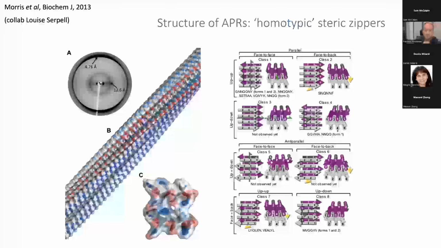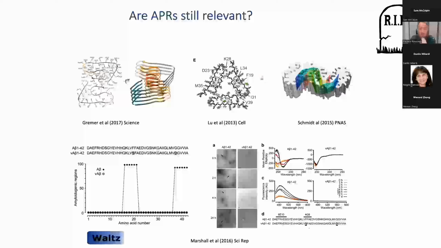Now, of course, since 2017, and actually by solid state NMR earlier, we started having all those very nice amyloid core structures. And we have a lot of those structures now. And the question arises whether this APR aggregation prone region thinking is still relevant.